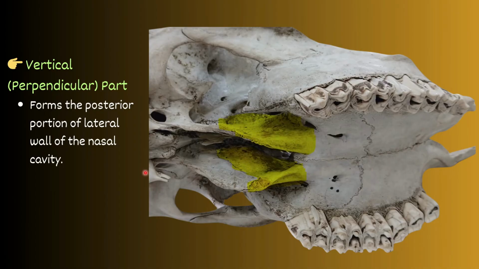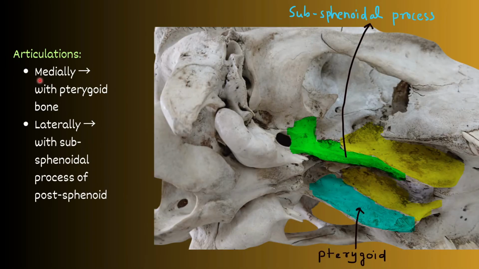Then come to the perpendicular part of the palatine bone, the perpendicular or vertical part. It forms the posterior part of the lateral wall of the nasal cavity. Articulation: medially, this perpendicular part articulates with the pterygoid bone.